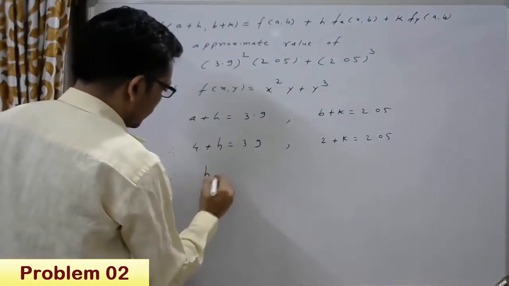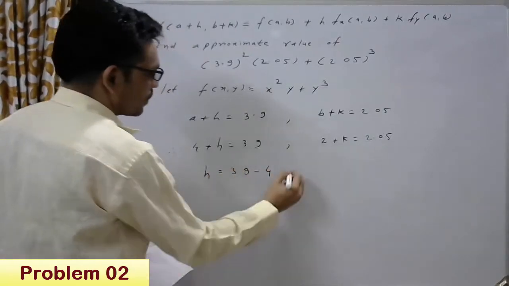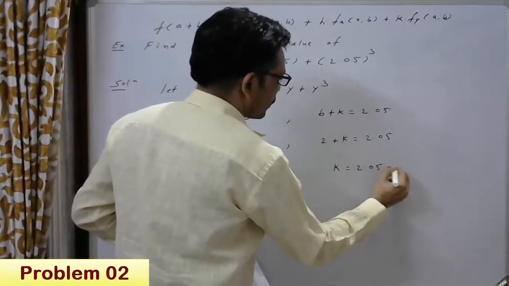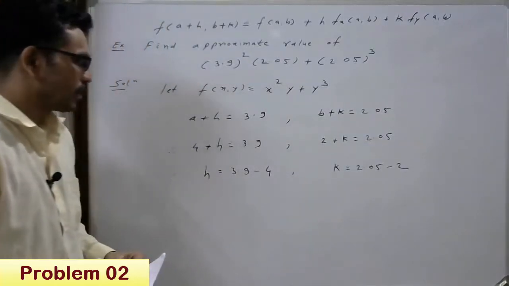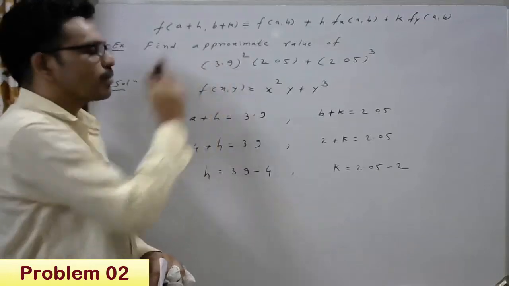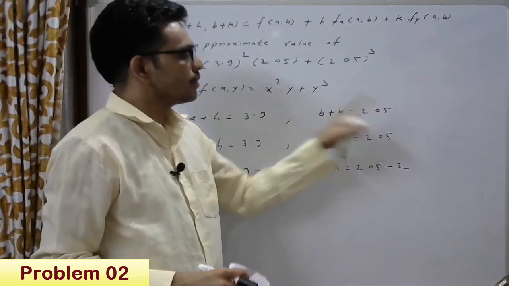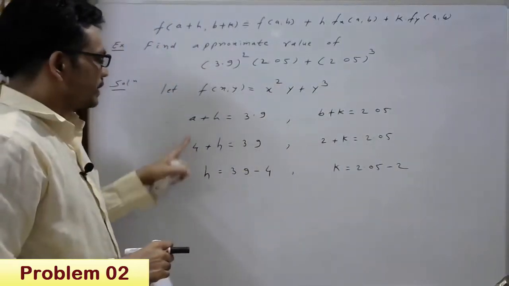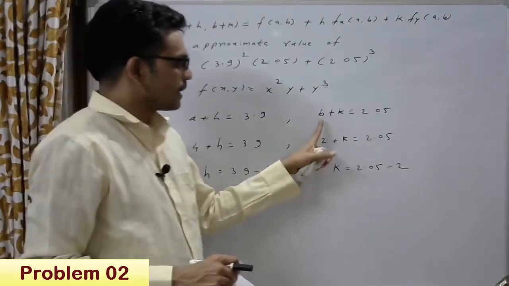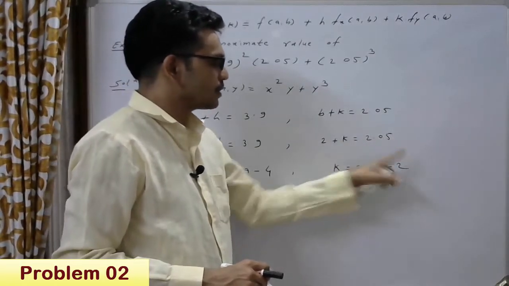Therefore, h is equal to 3.9 minus 4 and k is equal to 2.05 minus 2. Taking a equal to 4, h is 3.9 minus 4, and taking b equal to 2, k is 2.05 minus 2.